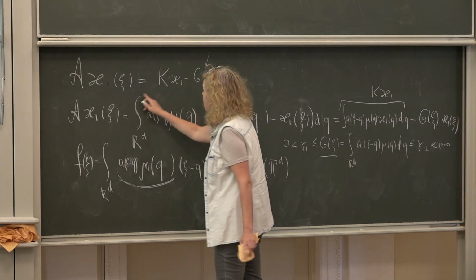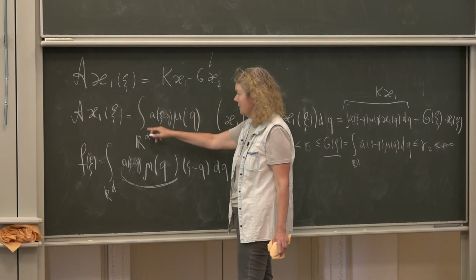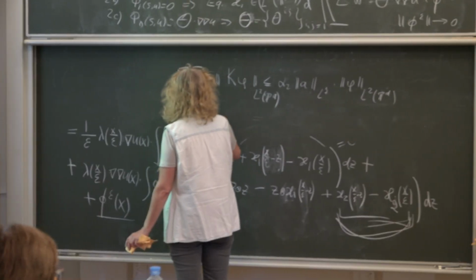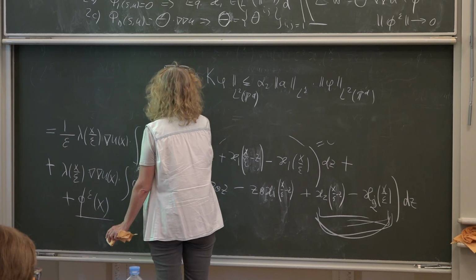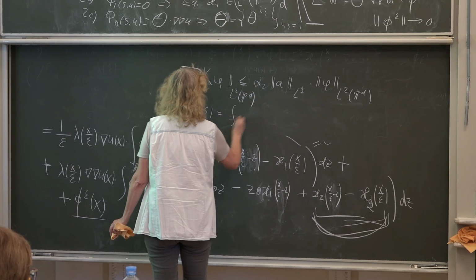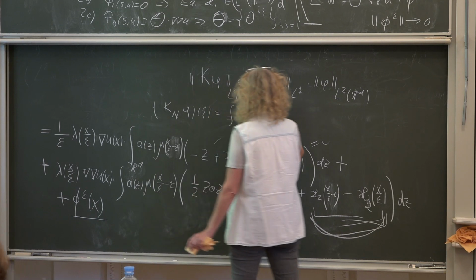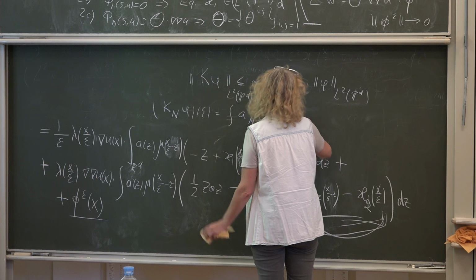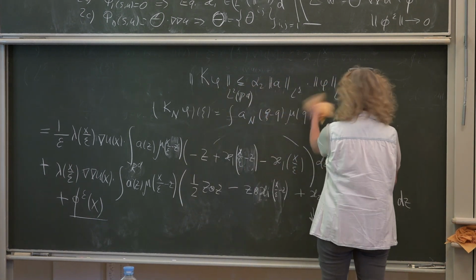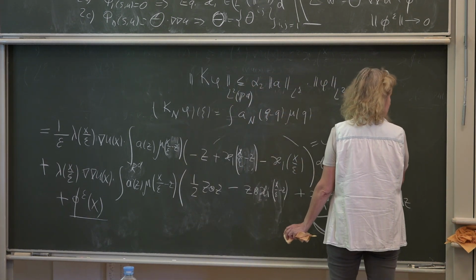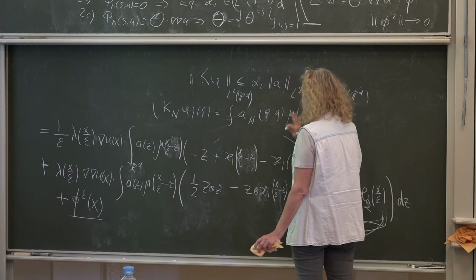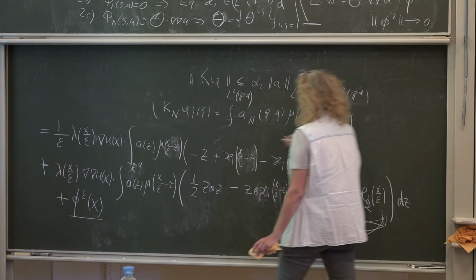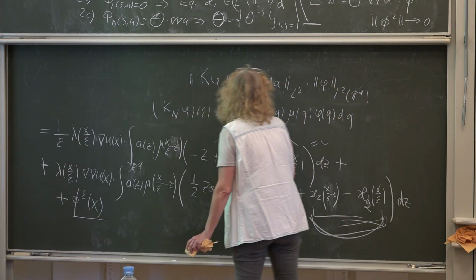Truncation for A. So if we consider the integral, we can consider the operator Kn, which is defined by the function an psi minus q. Mu, we can remove this function, it is not so important, but it is better to keep it. Q dq in R^d.